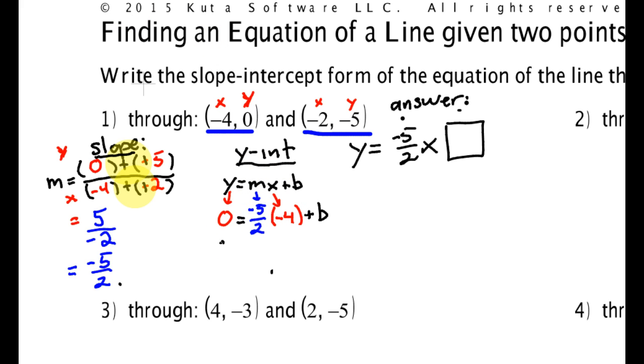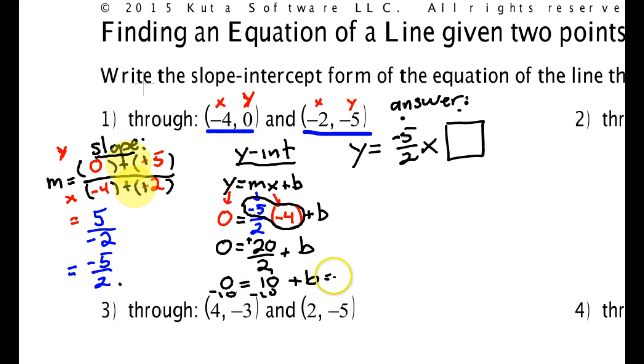What do we get? 0 equals, what is -5 times -4? +20. Divided by 2, I'm just bringing down, divided by 2. And then 20 divided by 2 is 10. Subtract 10 on both sides, and b equals -10. Yeah, 0 minus 10, -10.